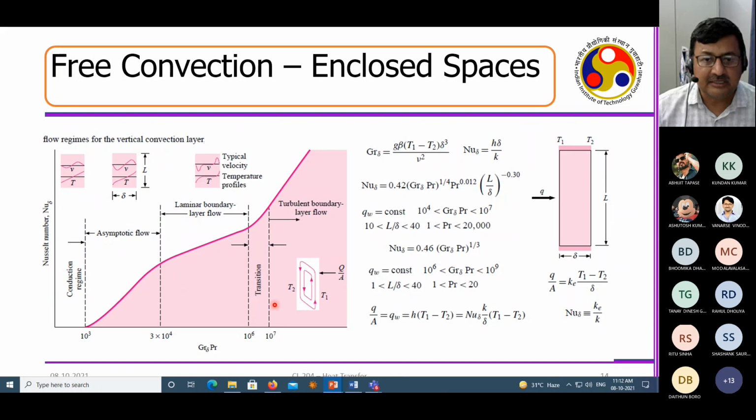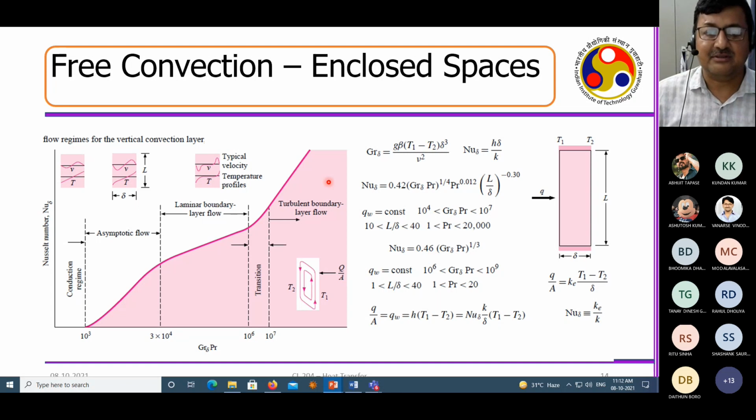But as you go on increasing the Rayleigh number or the Grashof number, what happens, you will see this periodicity of the patterns will become a little bit chaotic, and then it can become totally chaotic in the turbulent domain. Okay. So as you have observed for forced convection, that as you increase the inertial forces, there can be a transition from laminar to turbulent.